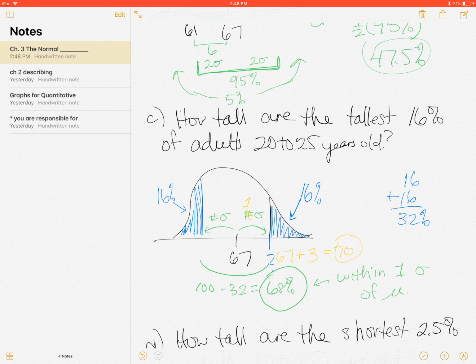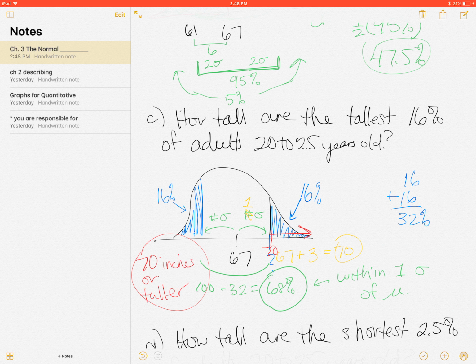Now let's talk about how we answer this because this is really important and people get this wrong. How tall are the tallest 16% of adults 20 to 25 years old? Are all the tallest adults exactly 70 inches tall? No, they're not. The answer is 70 inches or taller, right?